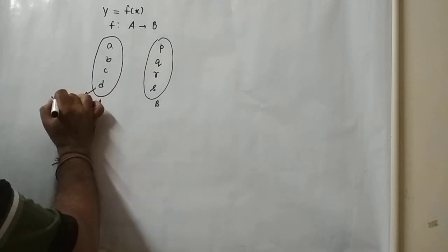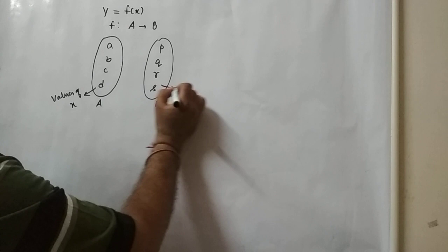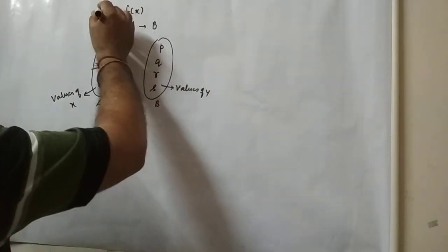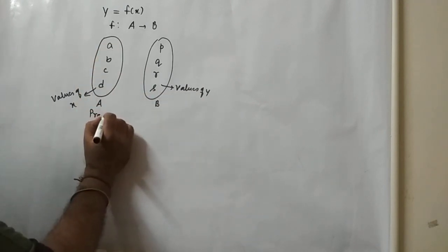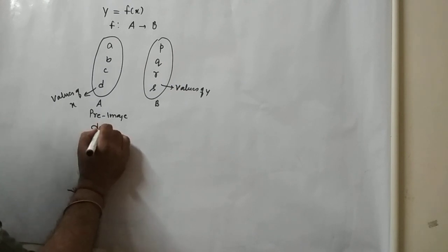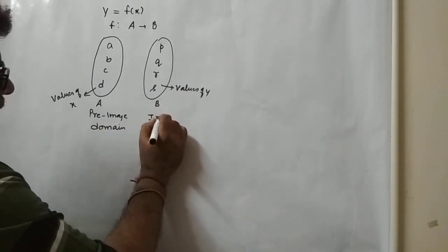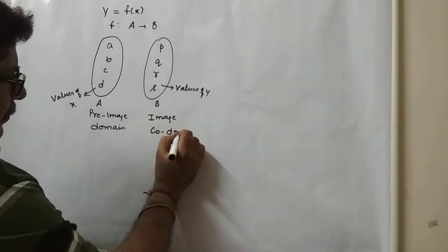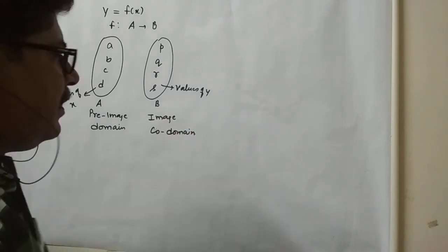This is the set containing values of X, and this contains values of Y. Set A is called pre-image, or it is also called domain, and set B is called image or codomain. Sometimes we also call the set B as range. That we will discuss later.